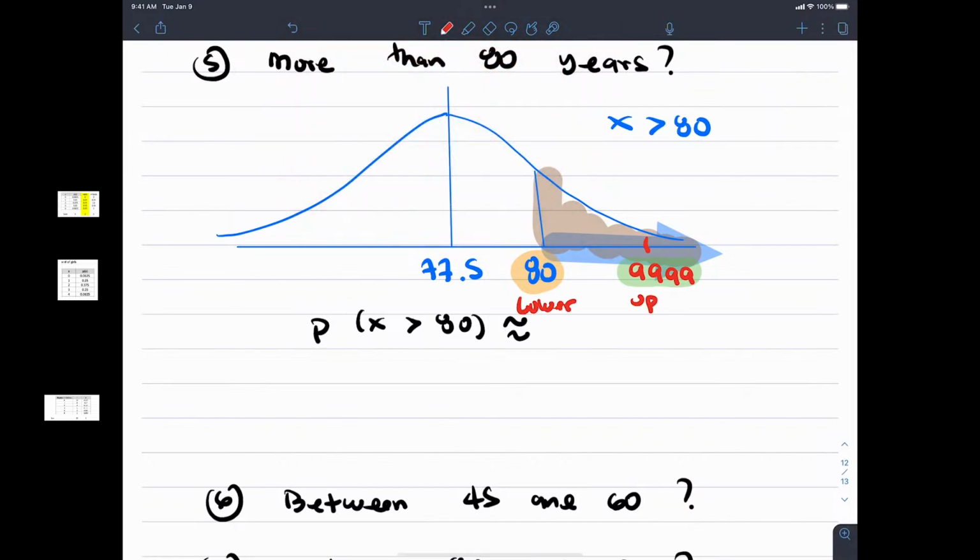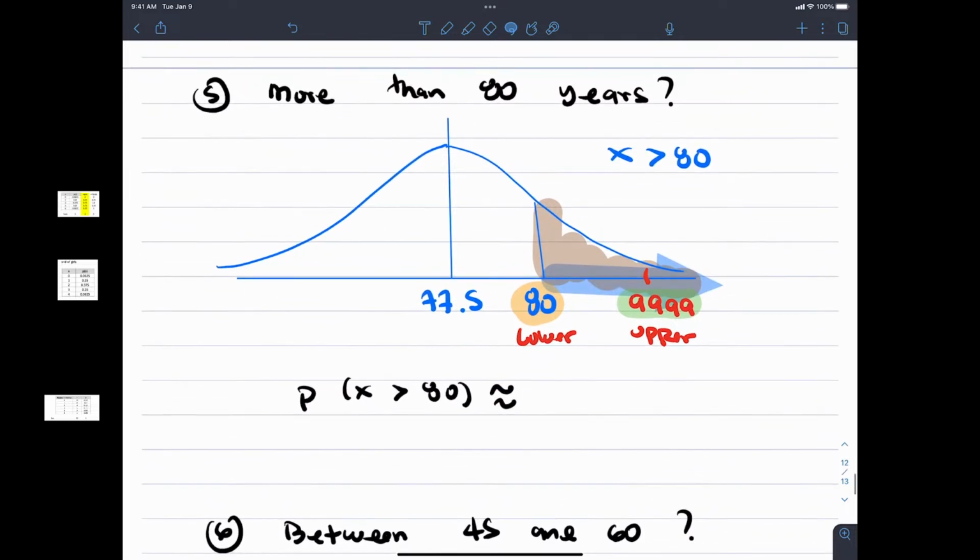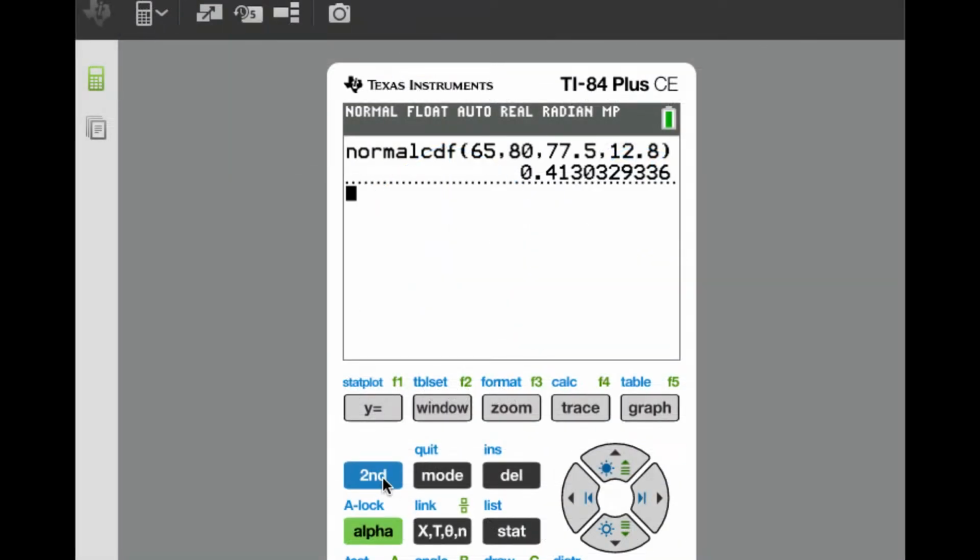Lower and what? Upper. So notice this is how we represent more than 80. And now we just punch this in the TI. So 80 and then 9,999.